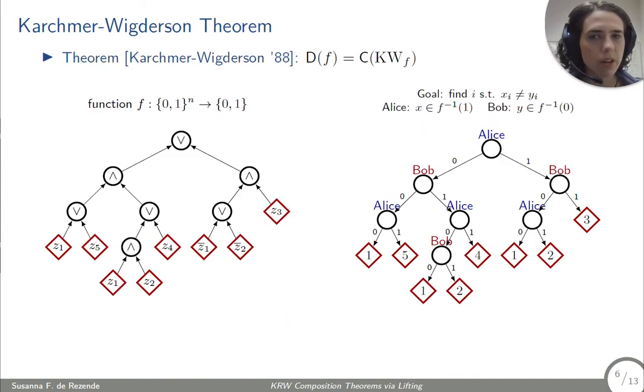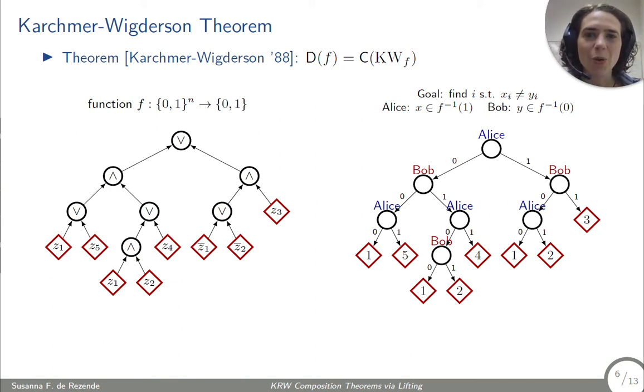What Karchmer and Wigderson showed is that the depth required to compute a function is equal to the communication required to solve the KW game on F. I don't have time to get into the proof, but I wanted to at least show this slide so that you see that these objects look related.